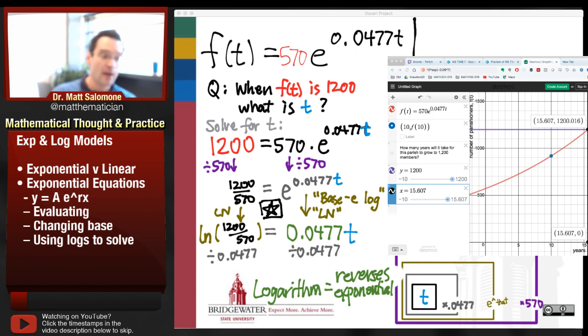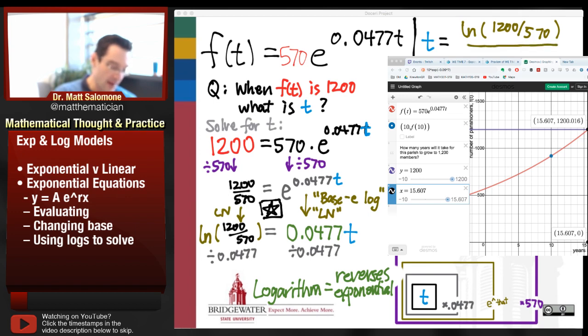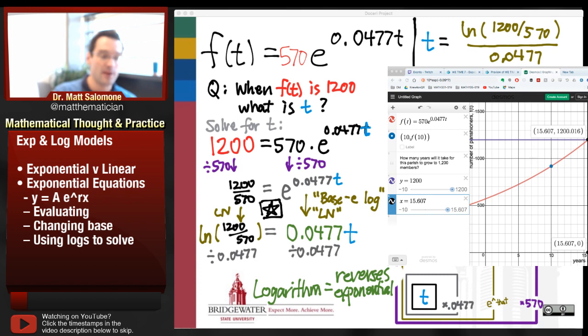At the end of the day, what I have is my t standing alone, and its value is the natural log of 1200 over 570, all divided by 0.0477. Sorry about covering myself up yet again. There we go. So I know now how to get that t by itself.